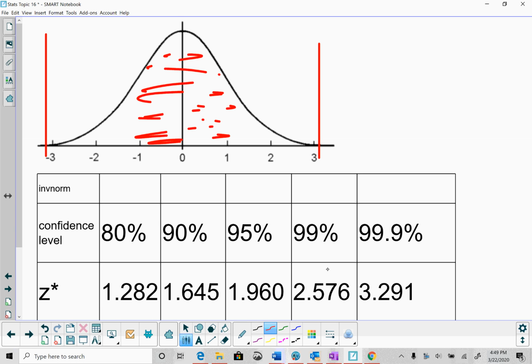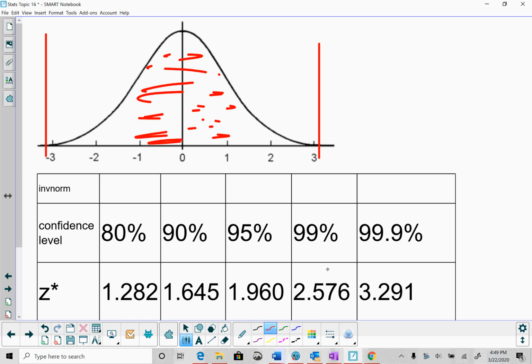So we can make sure that we've got 90% of the data underneath it there. To do that, we would use a value there for z star of 1.645. If we're only going for an 80% confidence level, we would use the z star of 1.282.